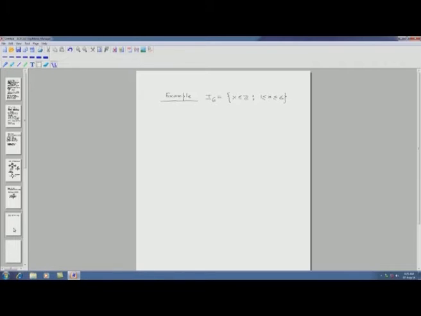And the partial order that we define is divides, and we denote this partial order by a vertical line. So, we will write A divides B if and only if A divides B in the usual sense.